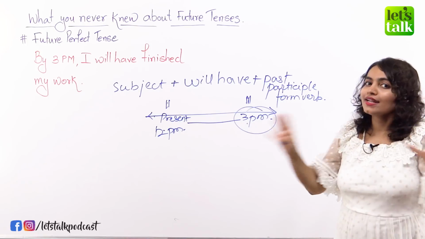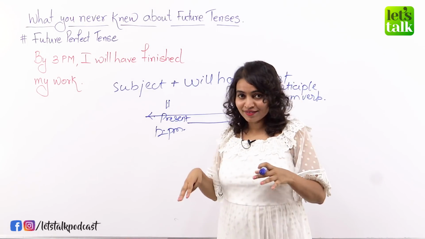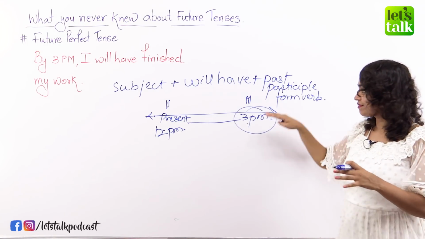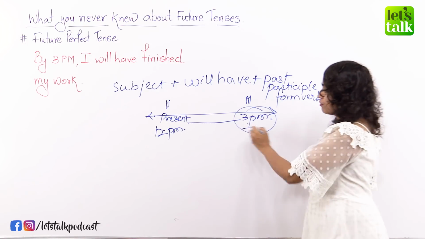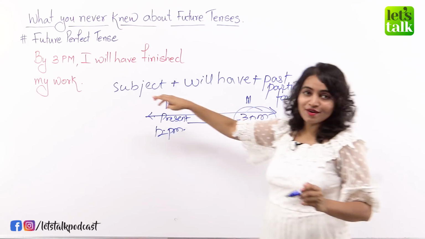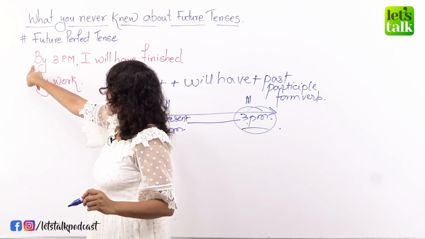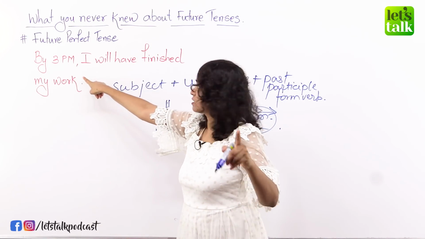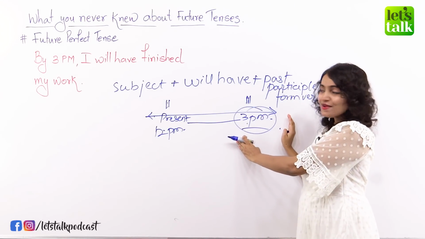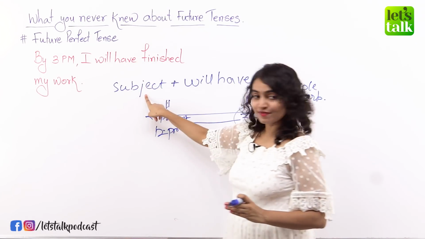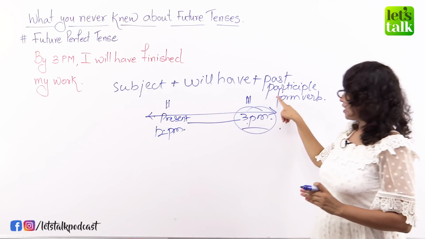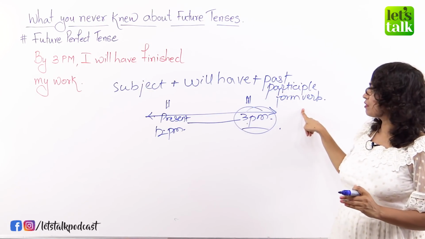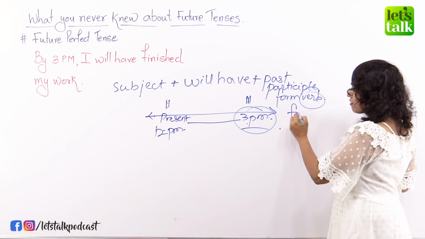So when we talk about the future perfect tense, we are talking about a future event that could happen anytime between now and a future point in time, which I'm assuming for now is around 3 p.m. So I can say by 3 p.m., which is my future time, I, the subject, will have finished, which is the past participle form of the verb finish.